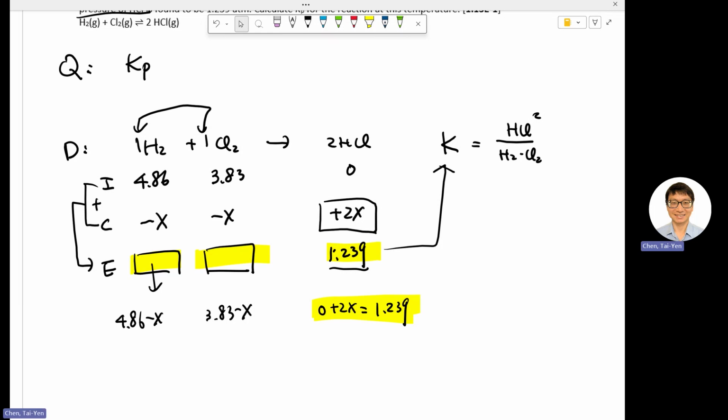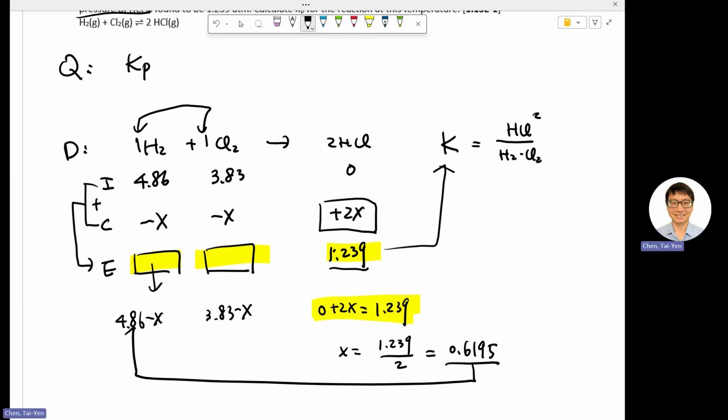So you can solve for x. x equals 1.239 divided by 2, which equals 0.6195. Once you have that, you can plug into this and that.